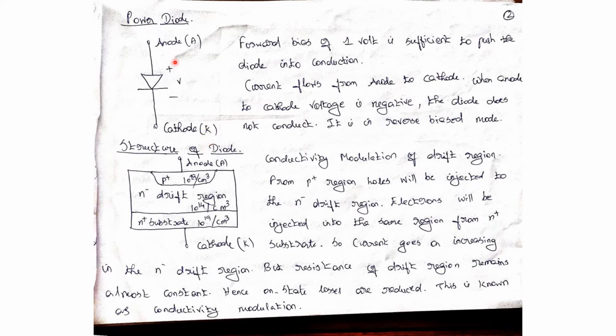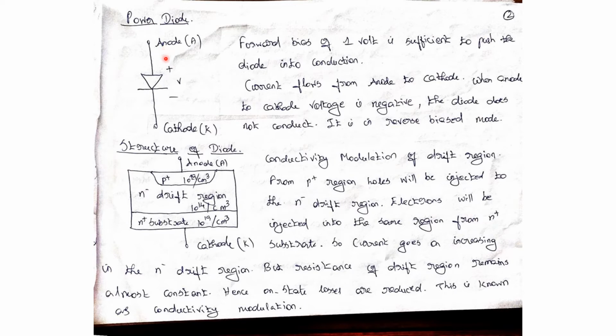If the anode to cathode voltage is positive, then it is said to be forward biased. Only 1 volt is sufficient to drive the power diode into conduction mode. I mean a forward bias voltage of 1 volt is enough.